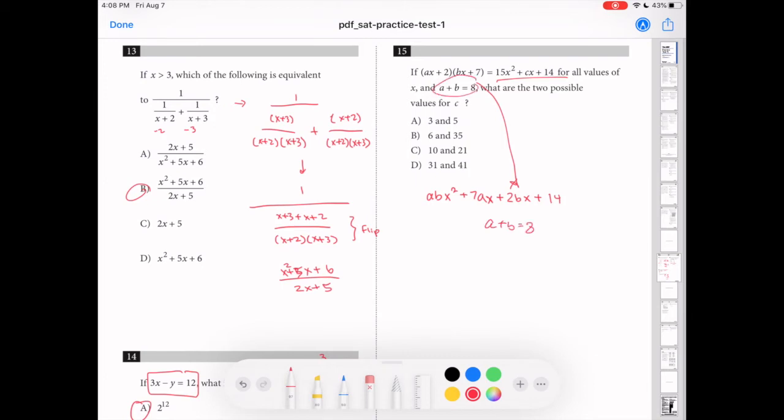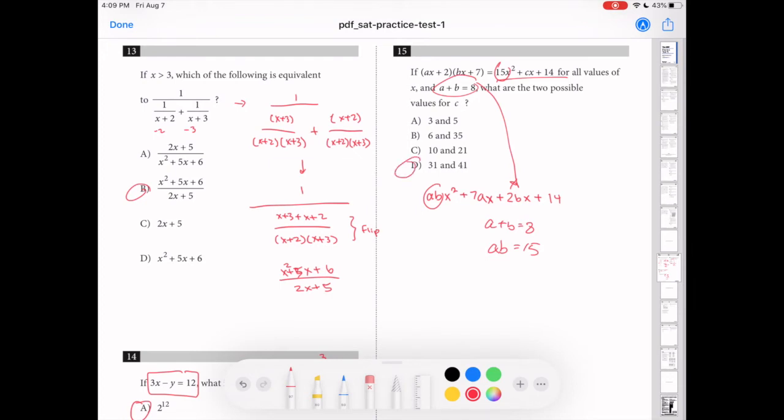And after foiling, we can actually see that a times b over here has to equal 15. So ab equals 15. So these are the things we have to work with. Since we have choices, we can just try some values that satisfy both. 3 and 5 come to the top of my head because 3 plus 5 equals 8, and they also multiply to get you 15. And it actually works. So it will give you the answer D.